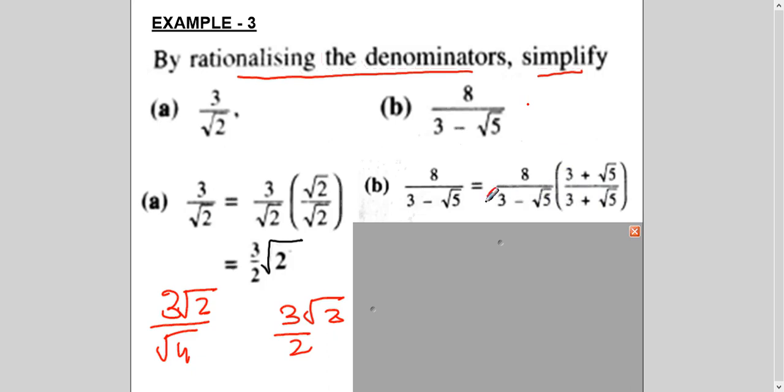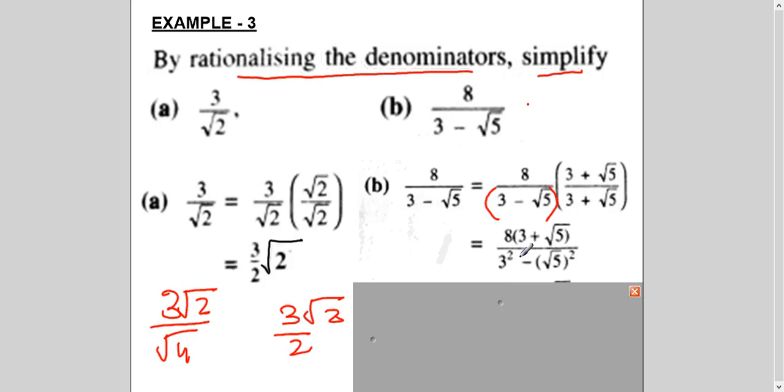And then this denominator, if you look here, after applying the process of rationalizing the denominator, in which I am multiplying and dividing by the conjugate of the denominator, what is happening here? This reminds you of a minus b, a plus b, right? 3 minus root 5, 3 plus root 5.